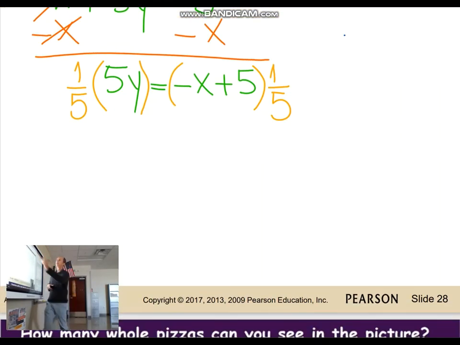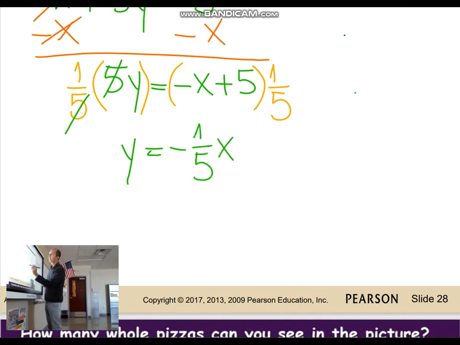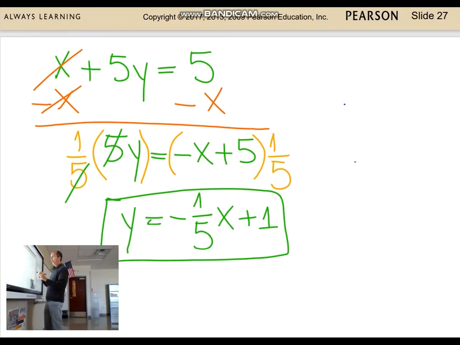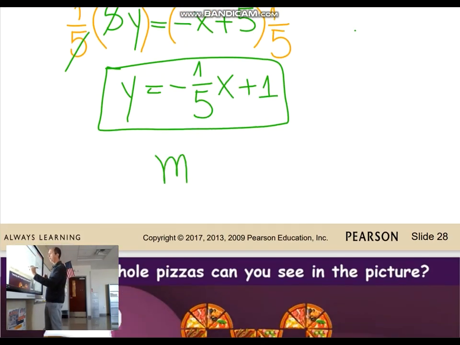Right? That means simplify 5 divided by 5, 1, y equals negative 1/5 x plus 5 divided by 5, 1. This is equation number 2. m here equals negative 1/5.